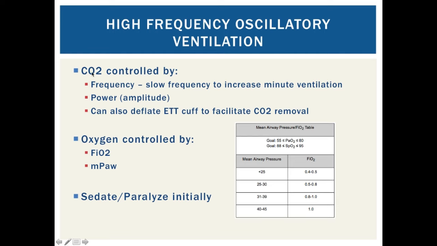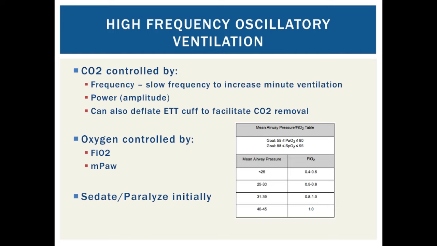And the other thing here, which is a little counterintuitive, is the frequency. You would think that if someone's CO2 is too high and they're on an oscillator, if you go up on the frequency, like how fast the breaths are being given, how fast it's oscillating, that would help your CO2. It actually doesn't. You actually want to slow down your frequency if someone is on an oscillator.